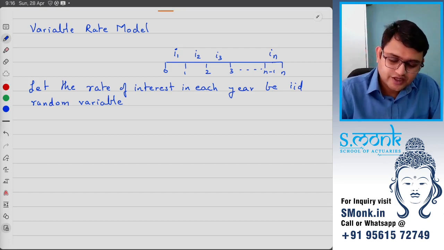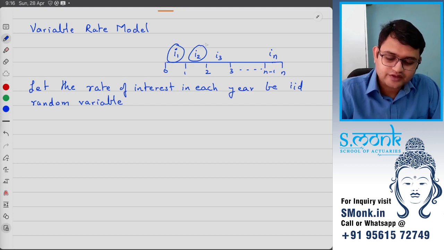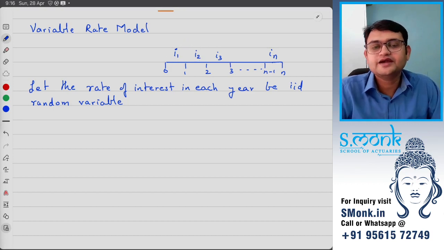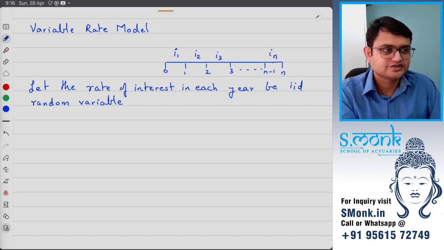That means that I2 is not affected by I1. Similarly, I3 is not affected by I1 and I2 because they are independent of each other, but they are identically distributed. That means they come from the same set of rates of interest.